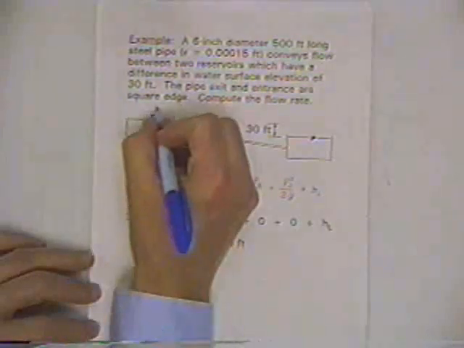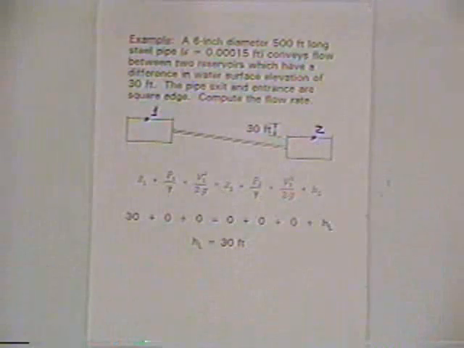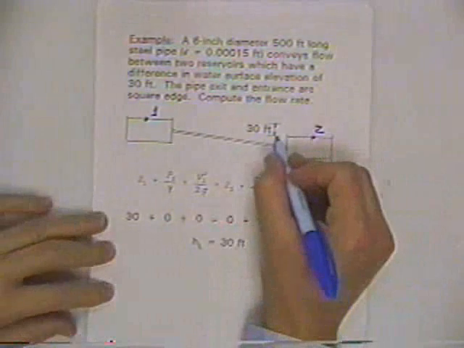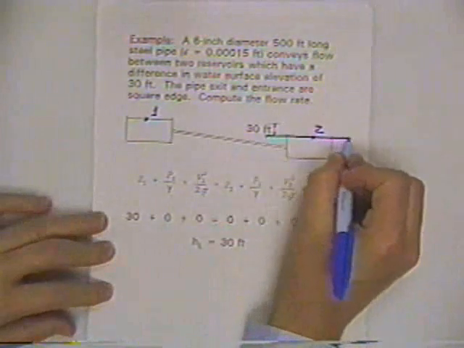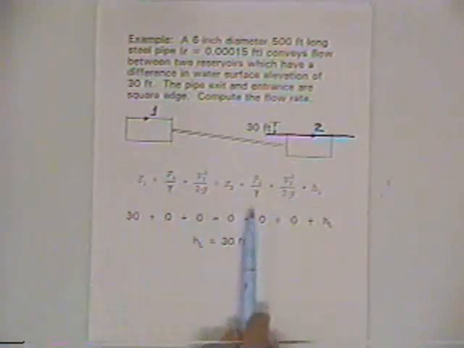And so we'll call this point 1, and we'll call this point 2. And we can define the datum wherever we like. For convenience, say this is the horizontal datum, the water surface at the downstream reservoir. And so we write the energy equation between those 2 points. We've seen it several times already in this session, and here it is reproduced again.